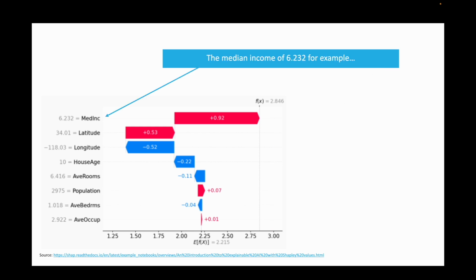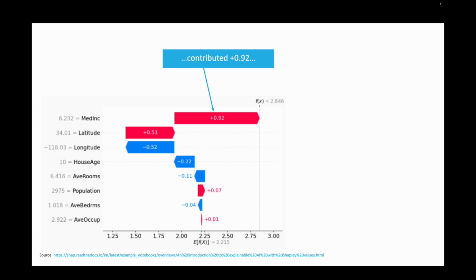The median income of 6.232, for example, contributed plus 0.92, and the longitude of negative 118.03 contributed minus 0.52 on top of the average prediction.